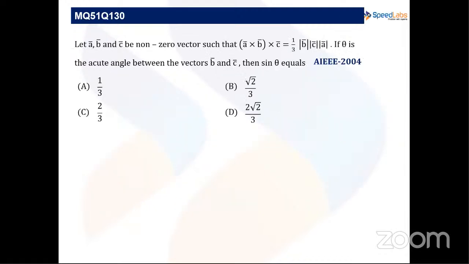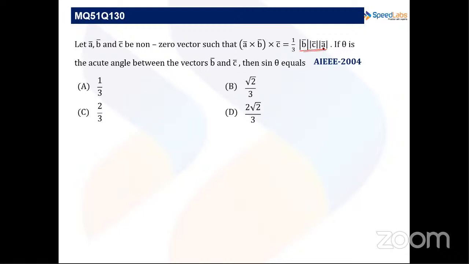Moving to the next question. Let A, B, C be the non-zero vectors such that A cross B cross C equals one third of B mod of C and mod of A. Skip this question.